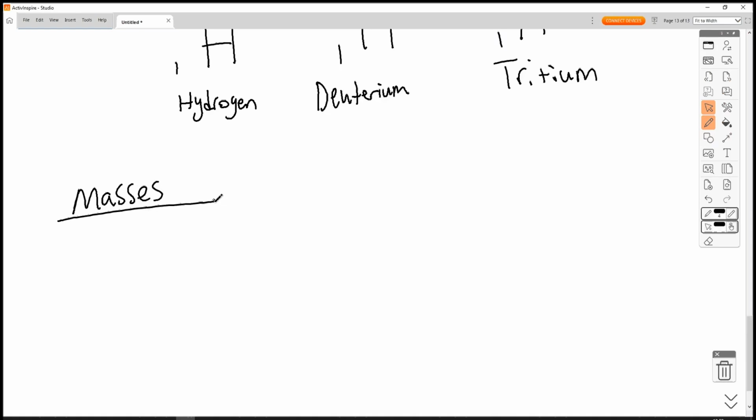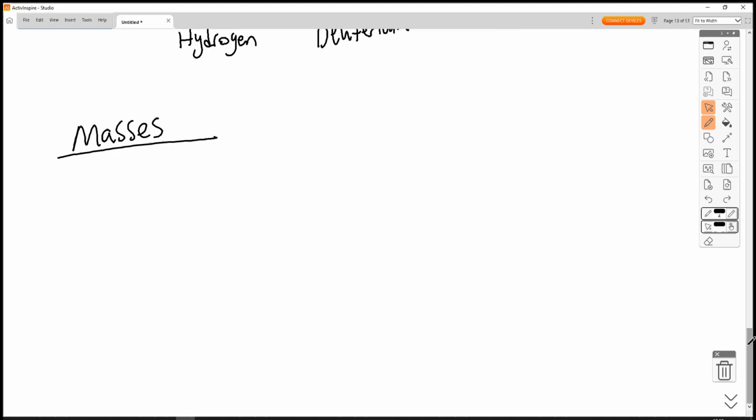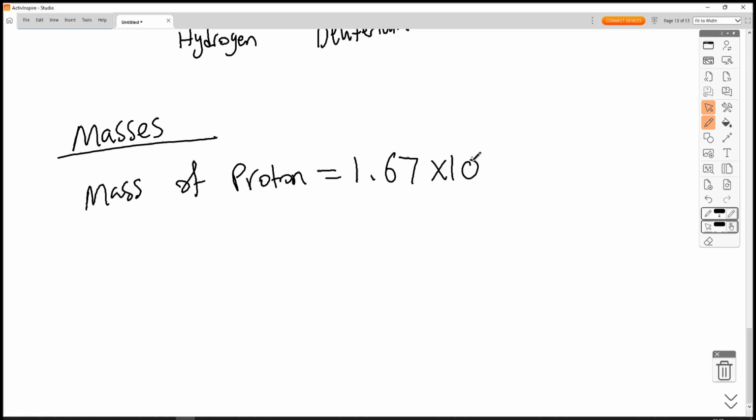So masses. The mass of the proton is equal to 1.67 times 10 to the minus 27 kilograms.